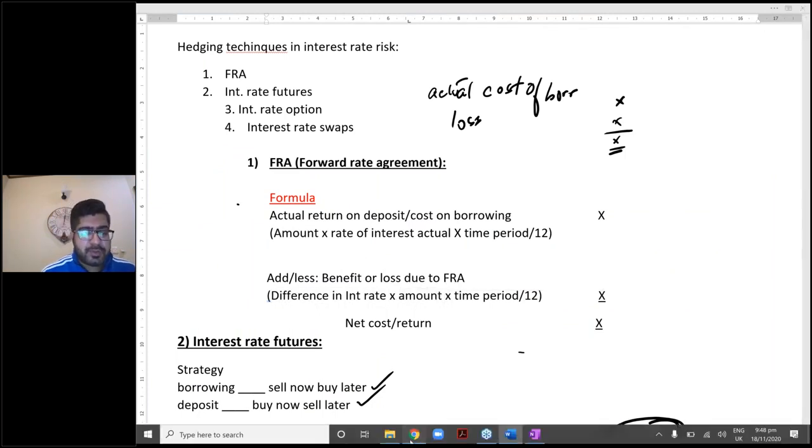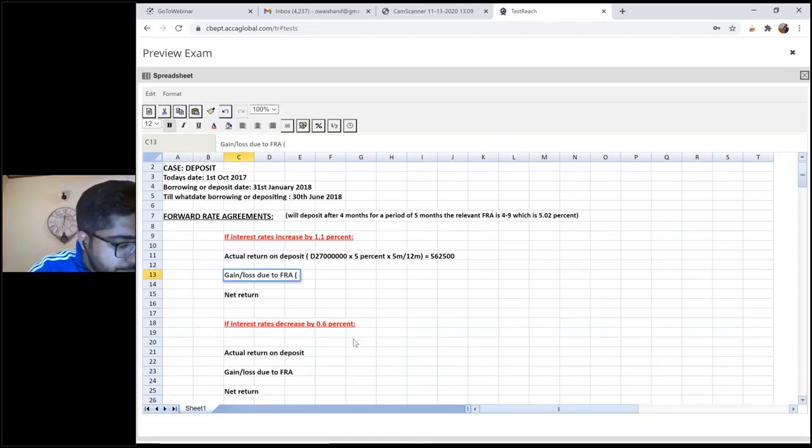So what is the difference in interest rates? For this case, the rates increased by 1.1 and became 5.3, but you locked the rate with the bank at 5.02.